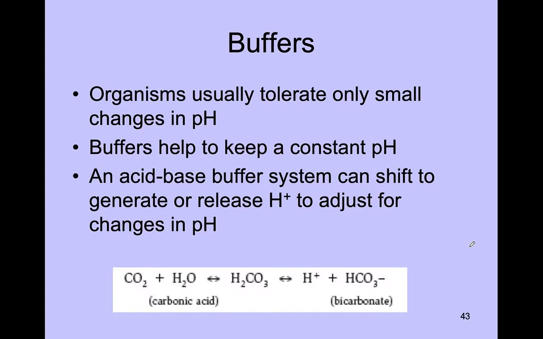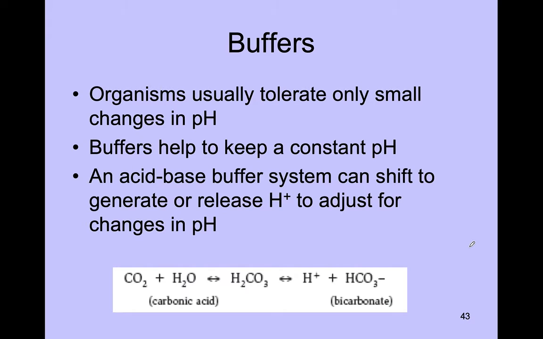So this is where buffers come in, and buffers are really important, mainly because living organisms do not tolerate changes in pH very well. Our cells and most living organisms like things to be at a very constant pH. If they live in an acidic environment, they need it to always be acidic. Or if they live in a very alkaline environment, they need it to always be alkaline. Our cells prefer things in a fairly neutral system, particularly our bloodstream.